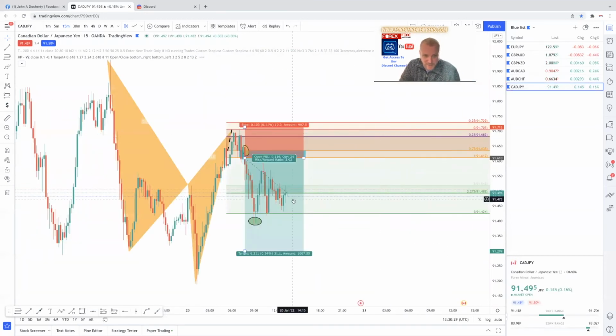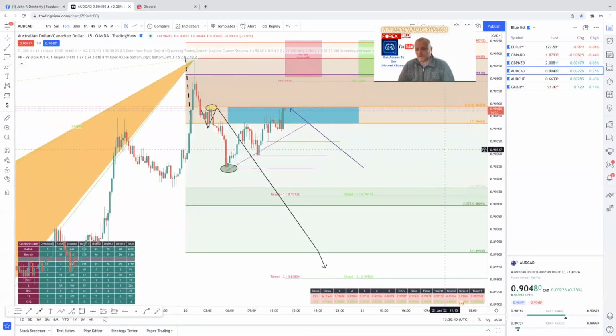And the CAD JPY, we've got a push out, back in, retest of the area, and then it's come out. And again, guys, if you're taking any of these trades based upon that entry to an area where they've obviously potentially gone to, there was a potential of an overall of just around about 100 pips.